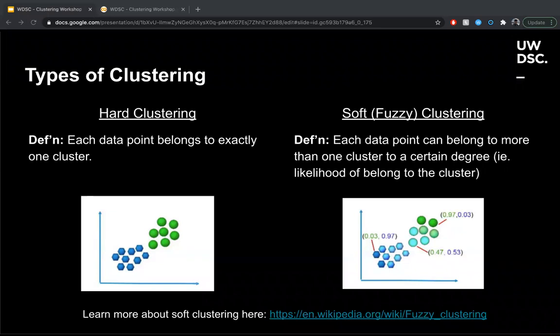The difference between the two is that in hard clustering, a data point can only belong to one cluster, whereas with soft clustering, each data point has a list of probabilities for the likelihood of it being part of a particular cluster. It's much less common and has fewer use cases, but it's still important to be aware of. If you're interested, you can go into more depth.